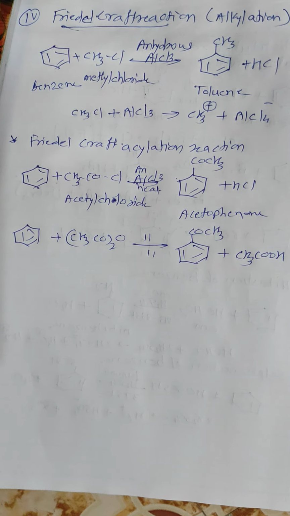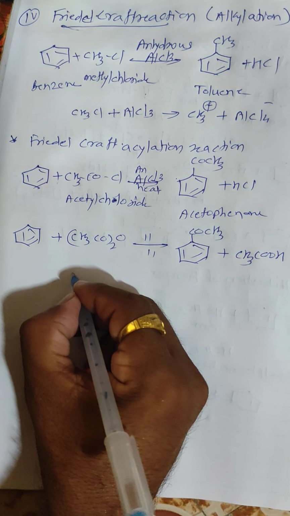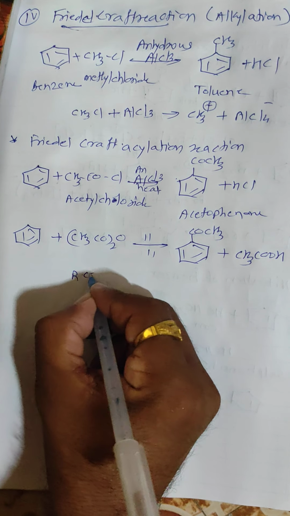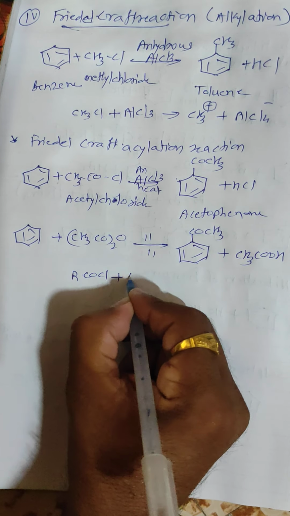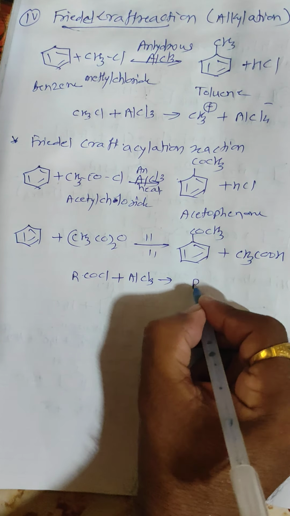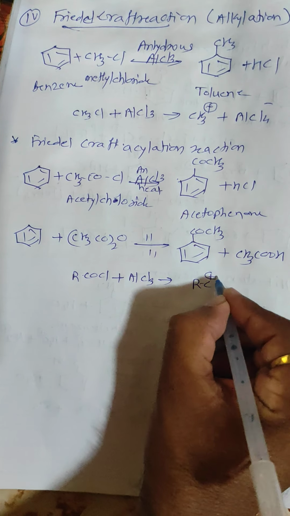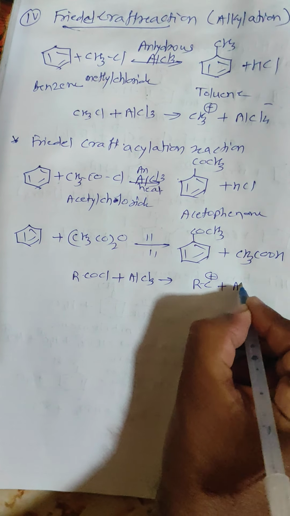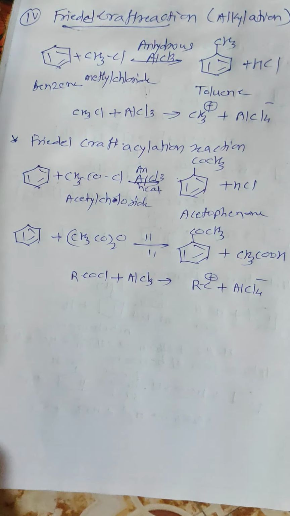In this case, acyl chloride, generally RCOCl, is treated with AlCl3. They react together to form RCO plus and AlCl4 minus.